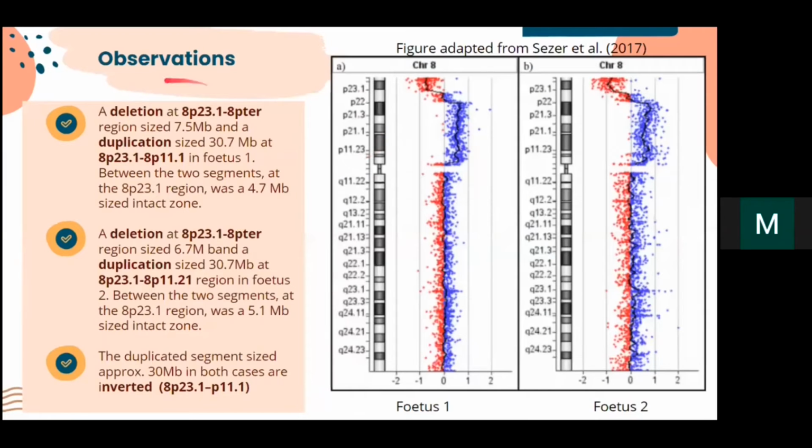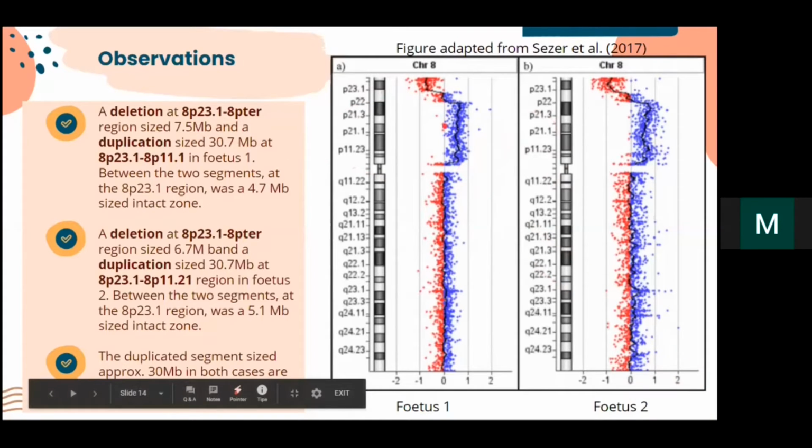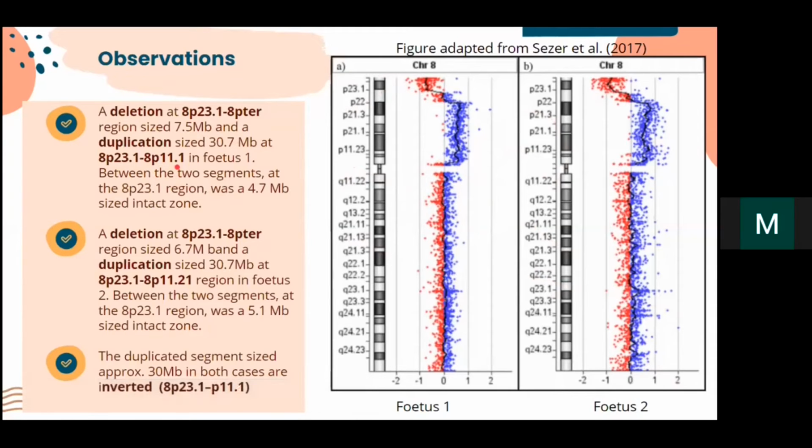Okay, so the array CGH was also used to validate the results of both the conventional and FISH findings. From this image, we can see for fetus number 1, there is a deletion that occurs at the 8p arm 23.1 region, sized at 7.5 MB, and a duplication sized 30.7 MB from 8p arm 23.1 till 8p arm 11.1 in fetus 1.